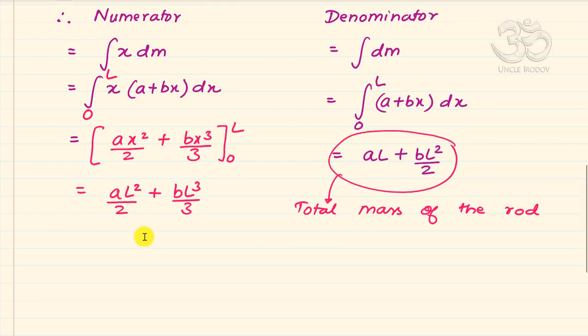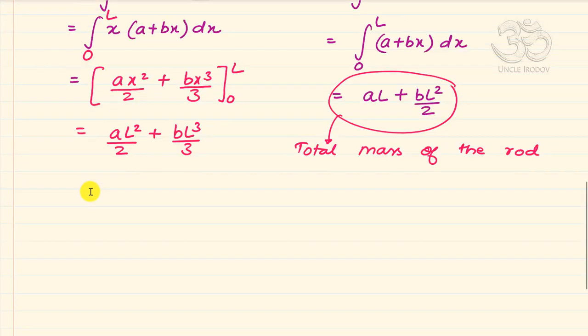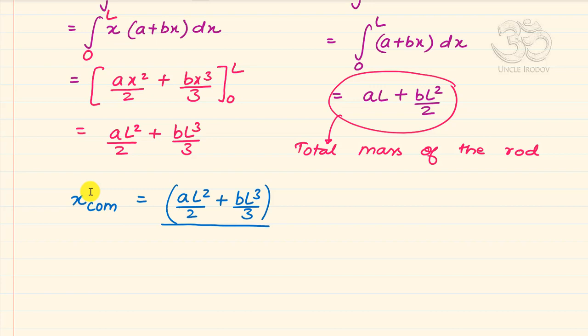And if you have to find out the center of mass, then x center of mass will be (aL square by 2 plus bL cube by 3) divided by (aL plus bL square by 2), wherein I think you can take the LCMs and do something, and your answer will be (3aL square plus 2bL cube) divided by 6.